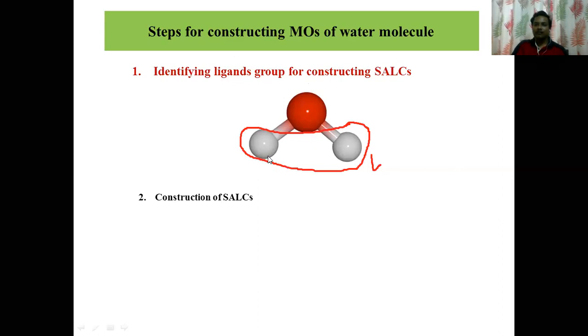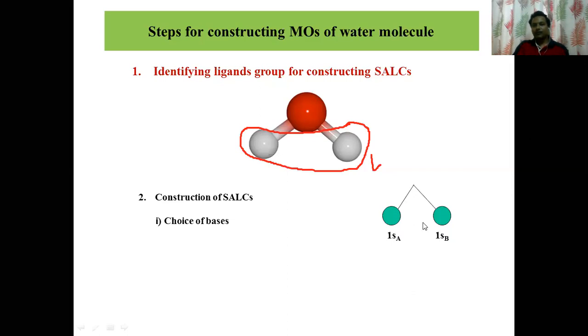Now here SALC means I'm going to do it with the atomic orbitals of the two hydrogen atoms. So this is going to be 1s-A and 1s-B. So what is going to be the choice of basis? The natural choice is going to be 1s-A and 1s-B, where 1s-A is sitting on atom A, and 1s-B is sitting on atom B, right? So this is the choice of basis.